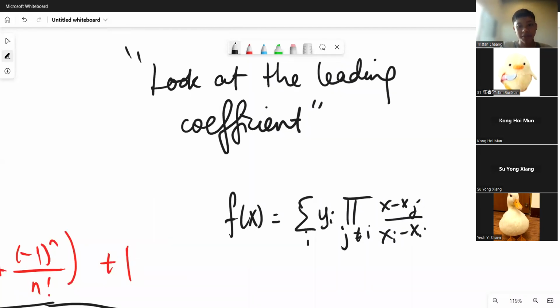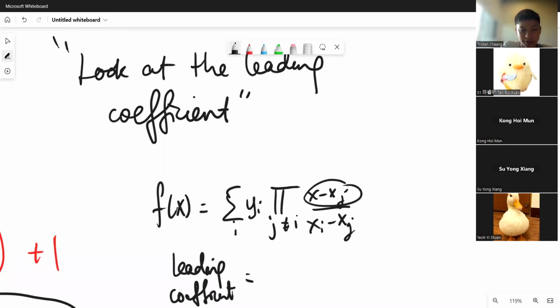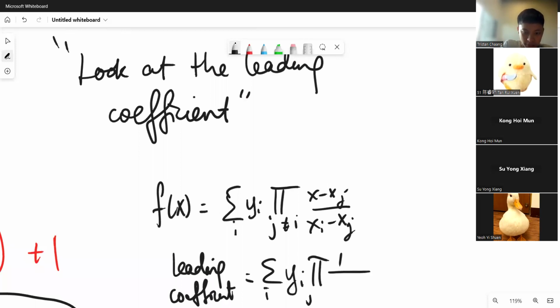So you know what's the leading coefficient? Well, this is just a linear factor, so I just change it to 1. So that will be the leading coefficient.